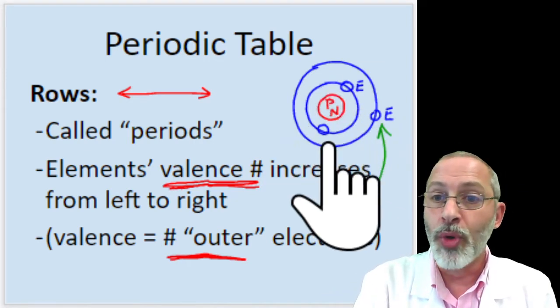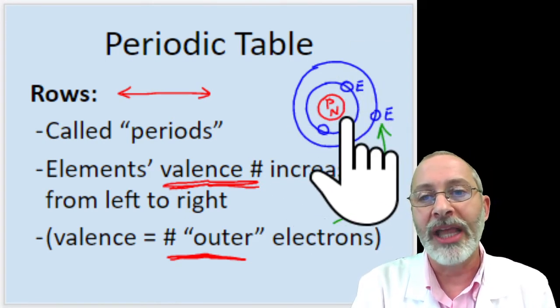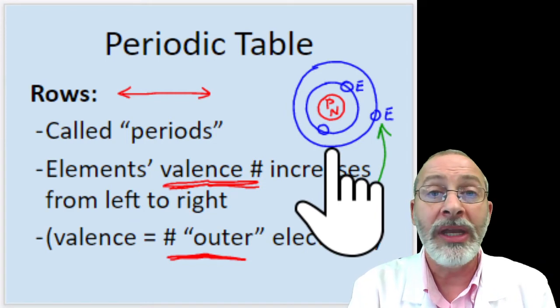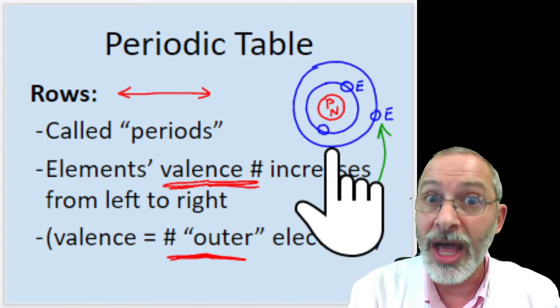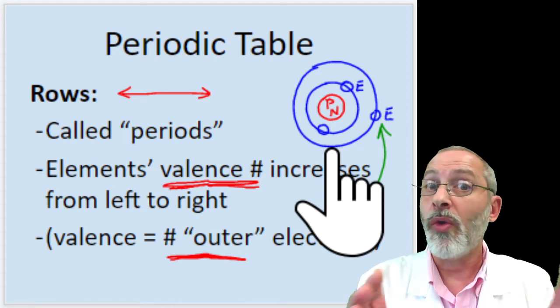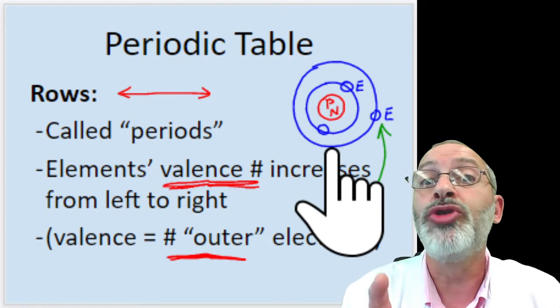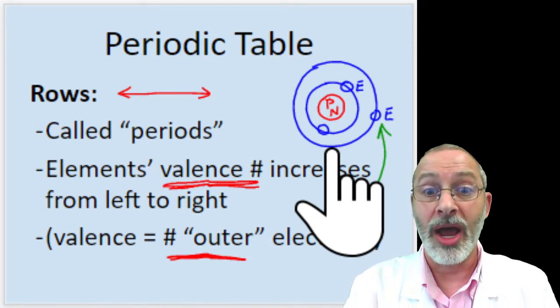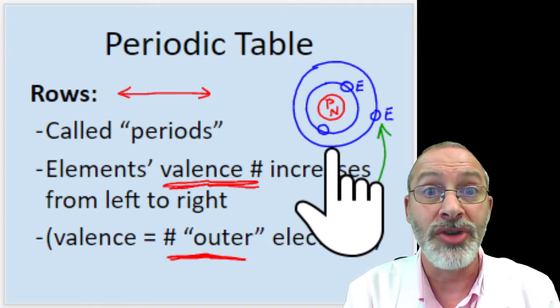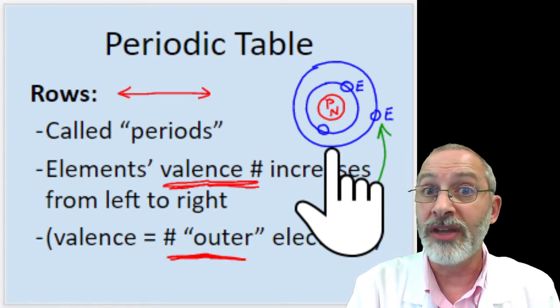This is a Bohrian model of an atom where we have electrons in orbits. When you get to high school, you'll learn it's a lot more complex than this, but understanding this orbital concept at this level is going to help you tremendously later on, and it's going to definitely help us understand a lot of important things as we continue our study of chemistry.